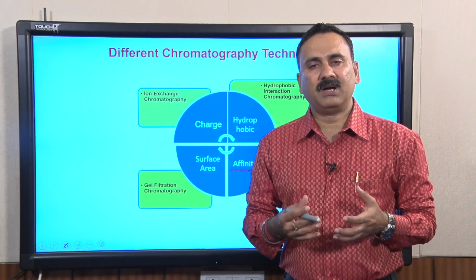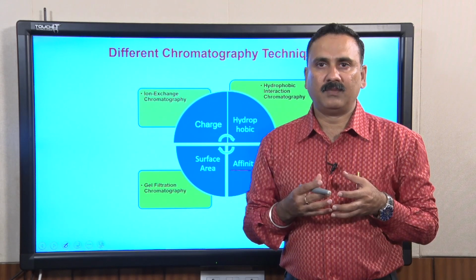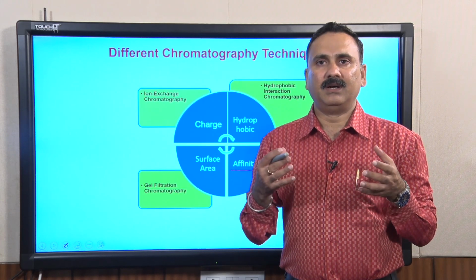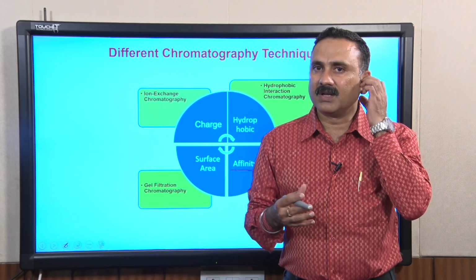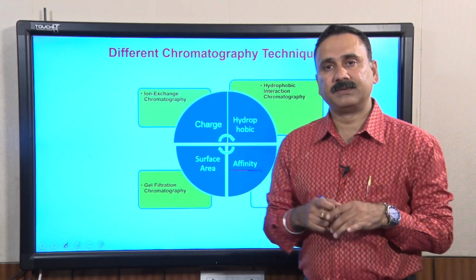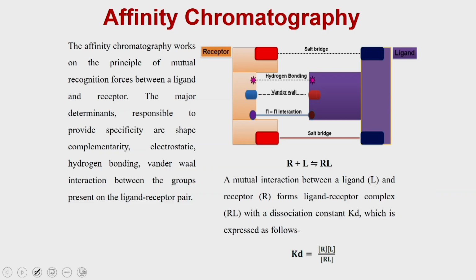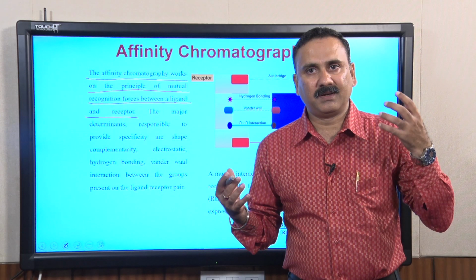So, the first question comes: how is a particular ligand or receptor developing the exclusive affinity for its respective ligand or receptor? The affinity chromatography works on the principle of mutual recognition forces between a ligand and a receptor. You can imagine a situation that there is a receptor.